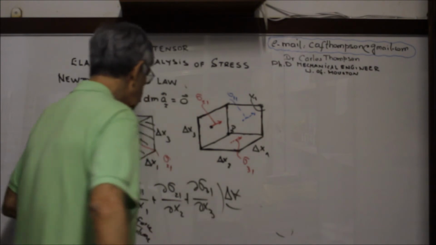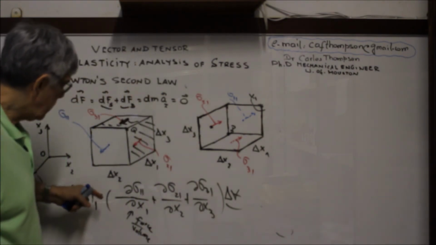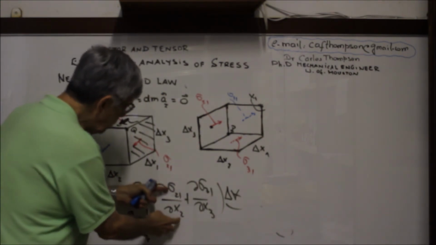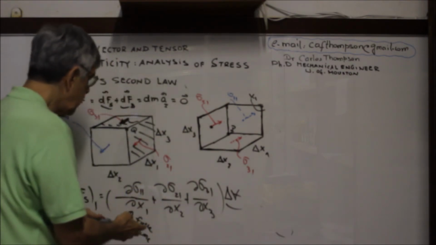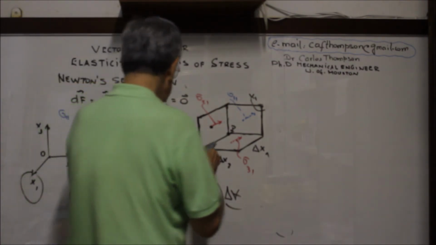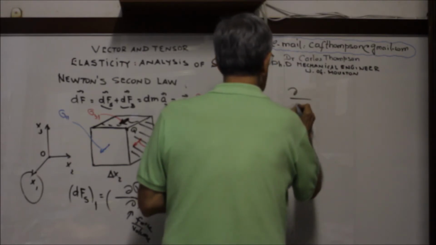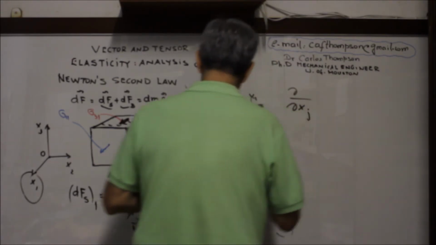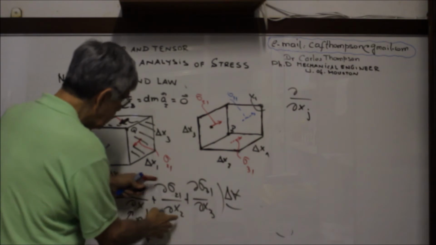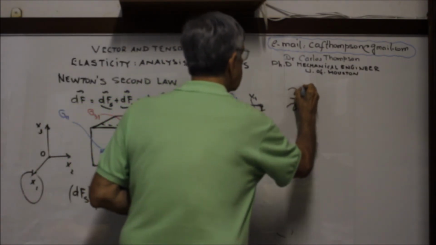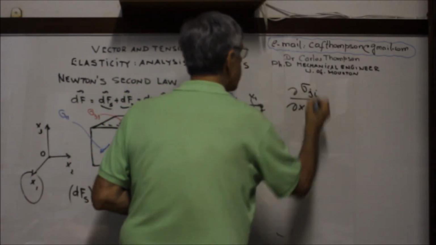You see here 1 1, 2 2, 3 3. So this will be a partial with respect to xj. You see, it looks like 1 1, 2 2. So this is sigma ji.